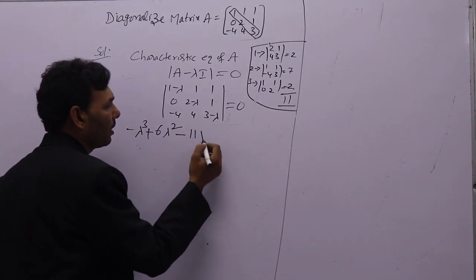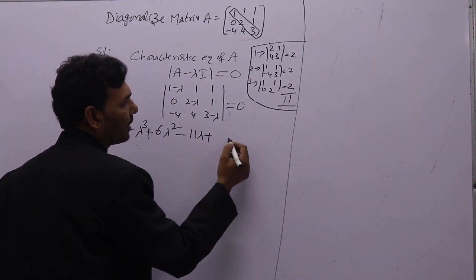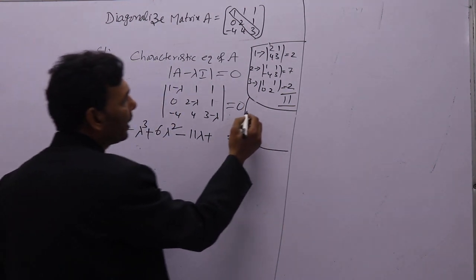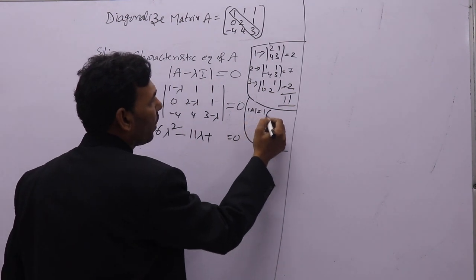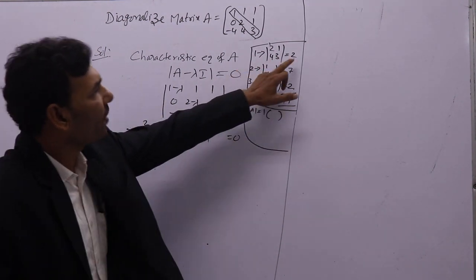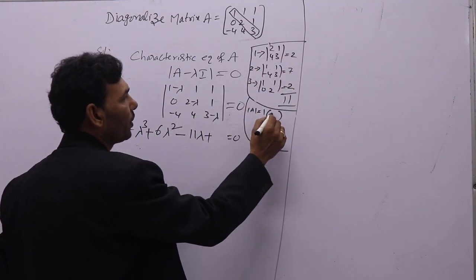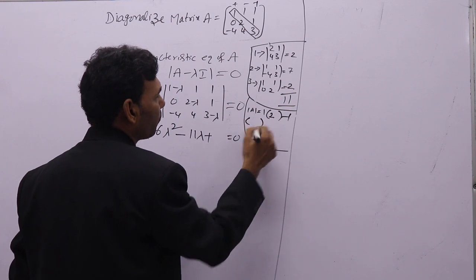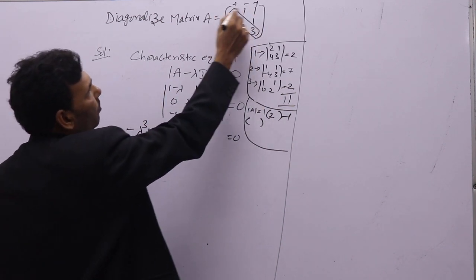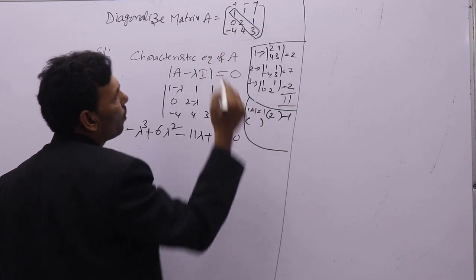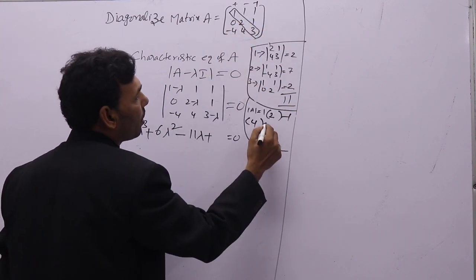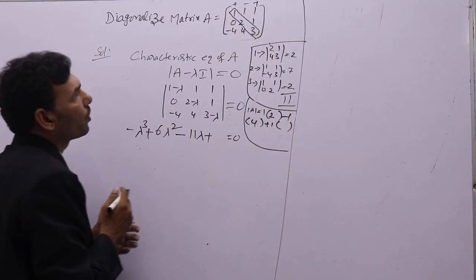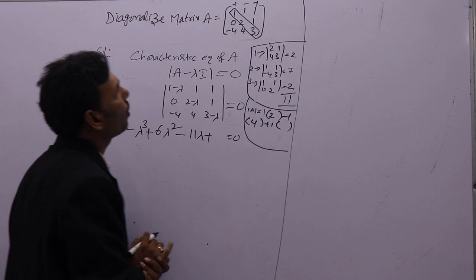11 lambda plus det A is required. I said how to calculate det A. 1 into the cofactor we already have, 1 into 2, plus minus plus minus, 1 into minus 1, where the corresponding row and column are eliminated, 0 plus 4, plus 1 into 1, corresponding row and column eliminated, 4 plus 8.